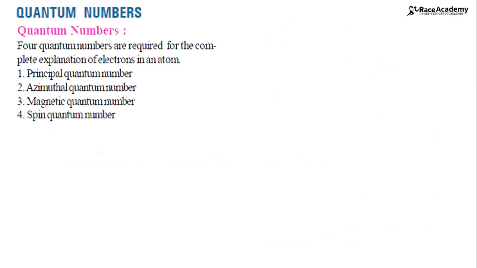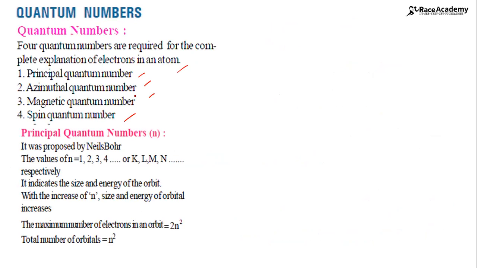Let us move to the quantum numbers. Quantum numbers are required for the complete explanation of electrons in an atom. There are four: principal, azimuthal, magnetic and spin quantum numbers. The principal quantum number is n, proposed by Niels Bohr, with values 1 to 4 or K, L, M, N, and it indicates the size and energy of the orbit.